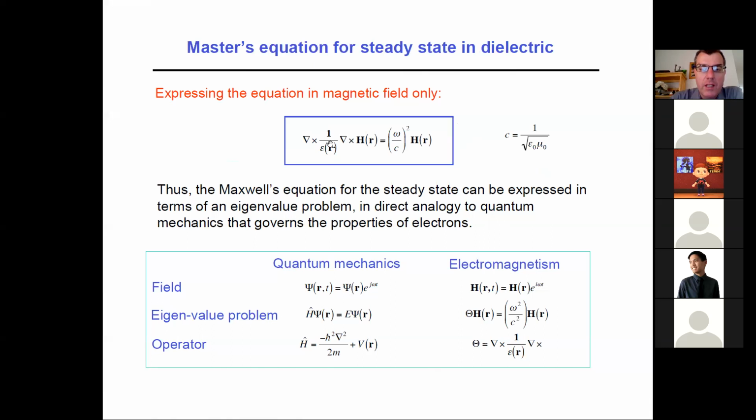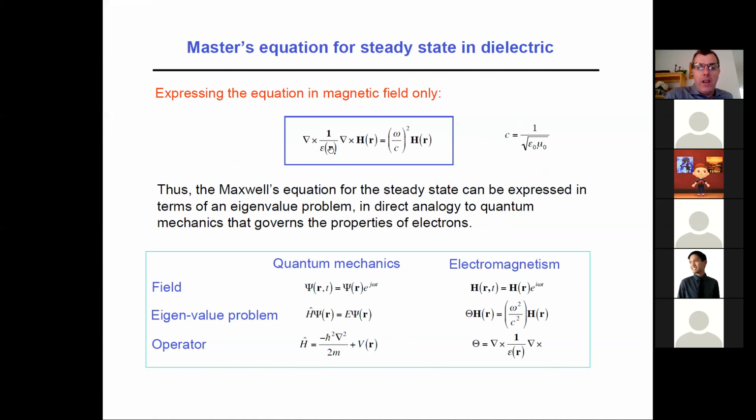They eliminate E, and they get this equation, which doesn't look exactly like the wave equation that you've seen before. But if you use some vector calculus identities, then this equation is the same.